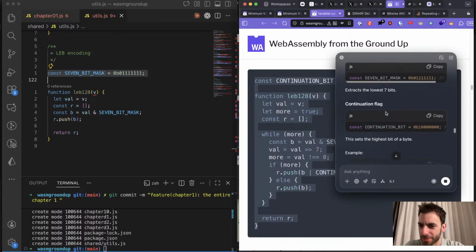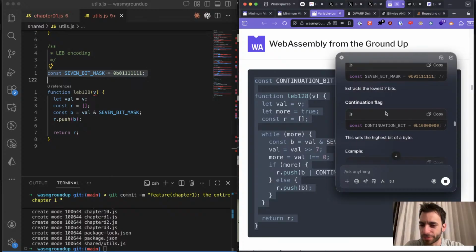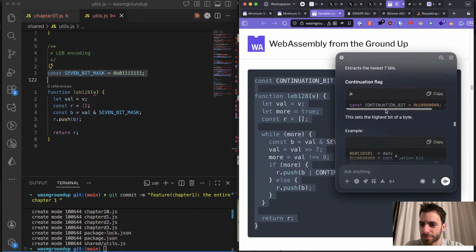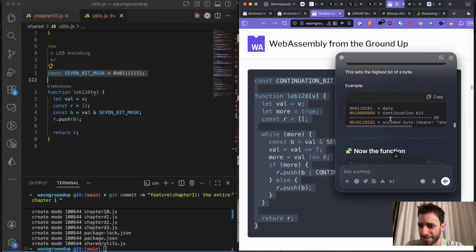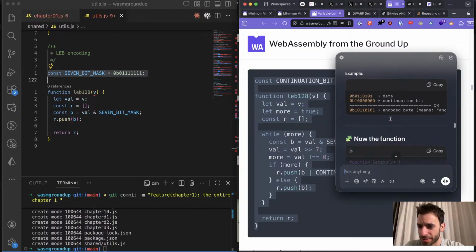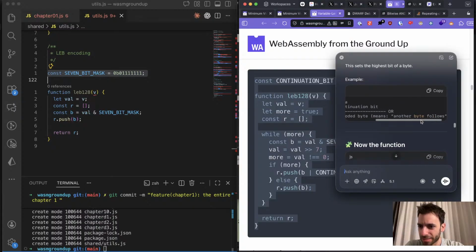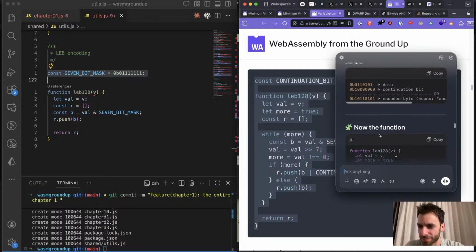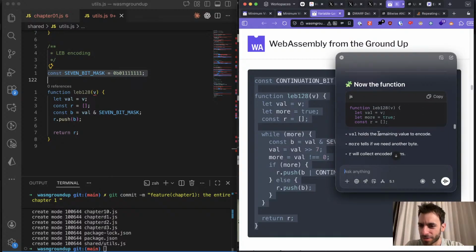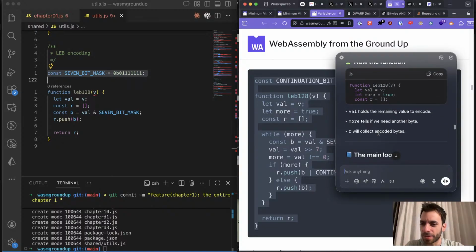Seven-bit mask. The continuation flag. Oh, there you go. Okay. Example, data continuation bit, or encoded byte means another byte follows. Good. Now the function LEB128. The value holds the remaining value to encode.